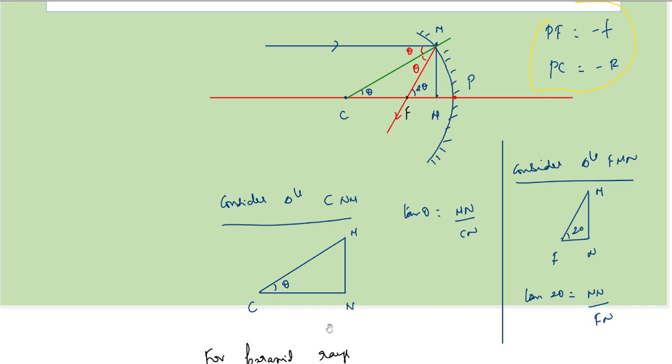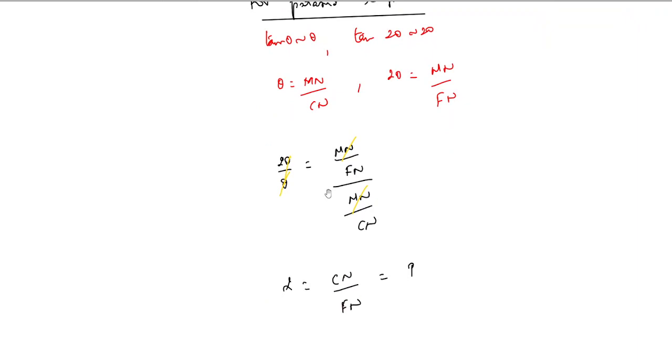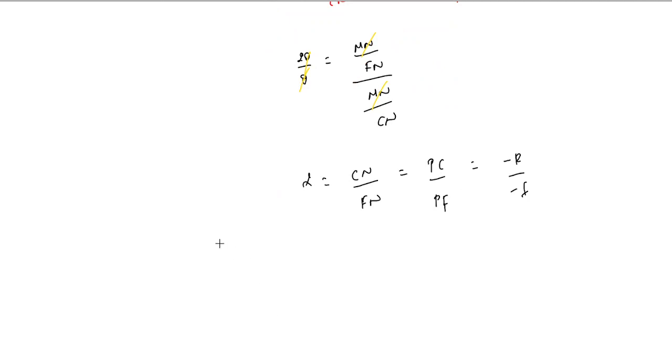You could have replaced the points here also; the answer will not change. So it becomes PC by PF. PC was minus R and PF was minus f by sign convention, so the minus becomes positive. Finally, f is equal to R by 2.